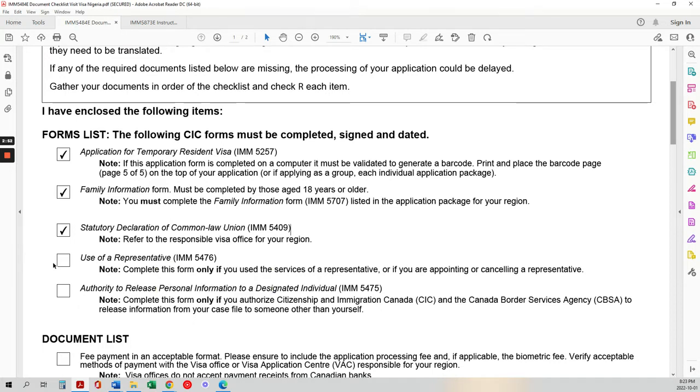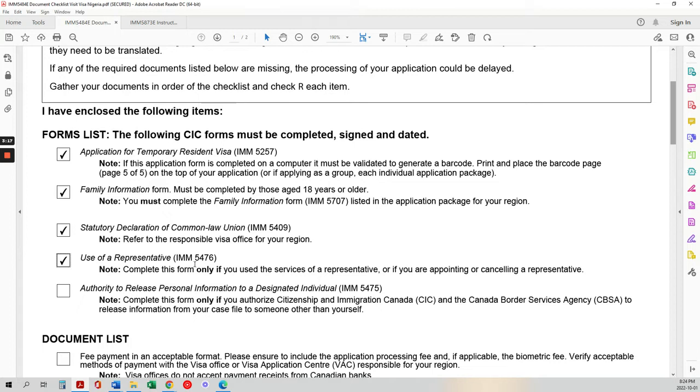Okay, now the next one is you check it off if you have someone who is going to be representing you. You need to give that person consent. So the use of a representative, the IMM 5476. And note, complete this form only if you use the services of a representative.